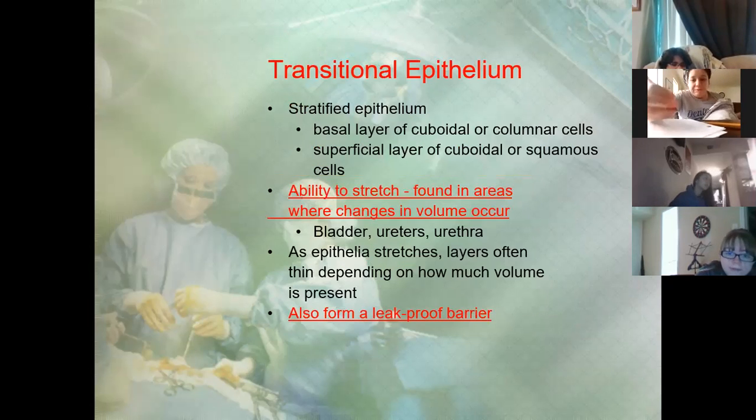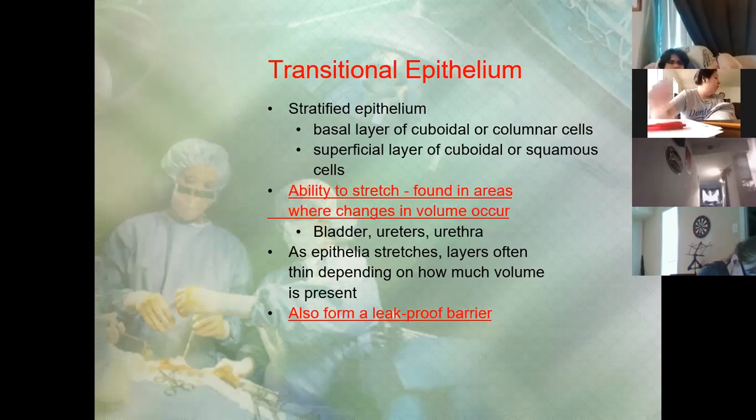Finally, we have an epithelial cell that doesn't fit in anywhere, and it's called a transitional epithelial cell. Transitional means to change. And so this is a cell that's going to have the ability to change its shape pretty dramatically. One area that we would see this transitional epithelium is in your bladder. When your bladder is empty, its walls are kind of thick.